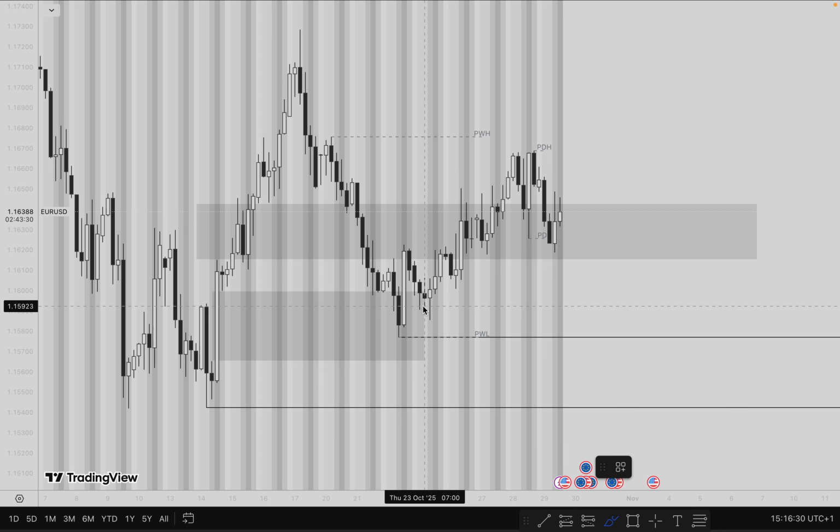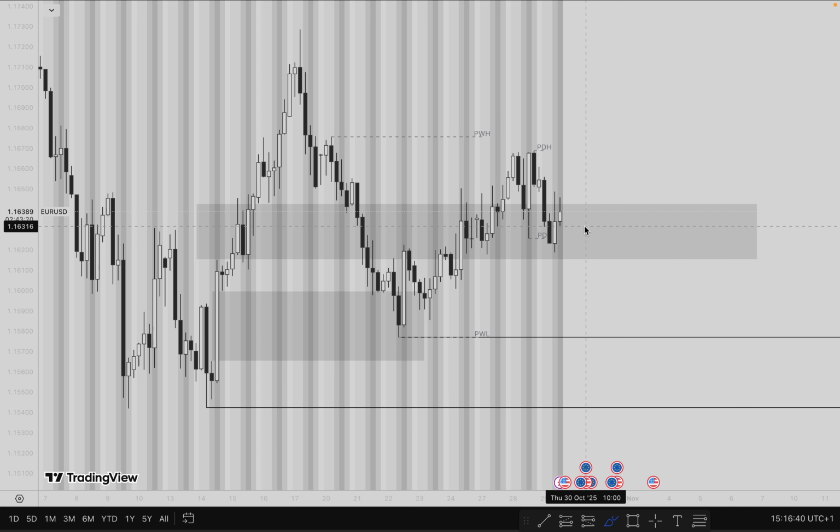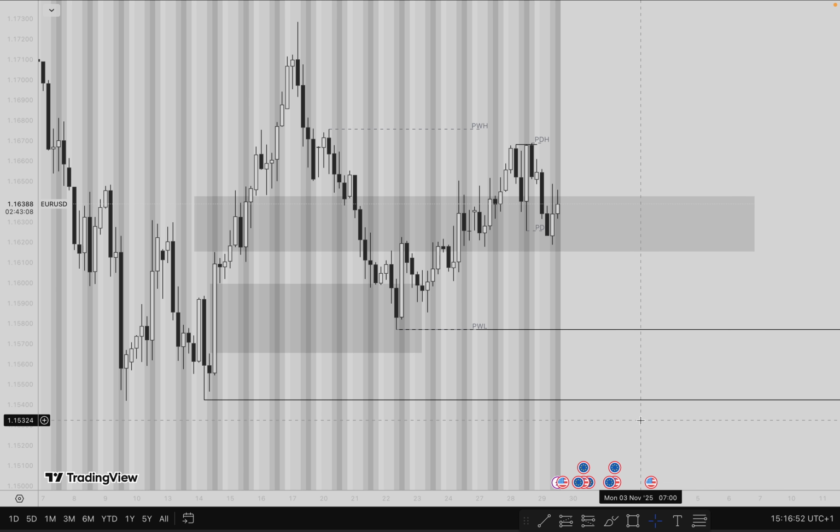Also we have a kind of order flow, as you can see right here. However, I think that we already got a really strong, solid reaction after this liquidity sweep right here. Also we inverted this zone.